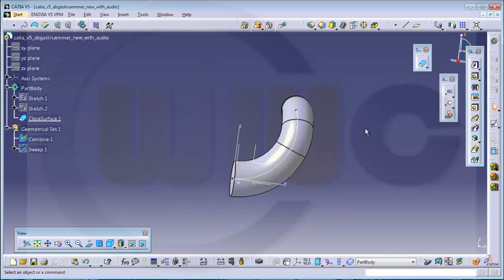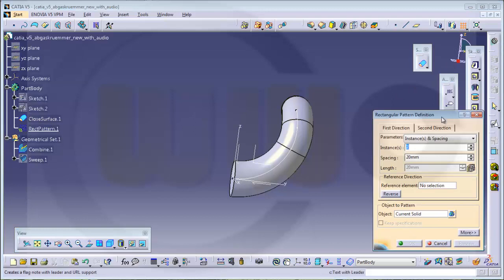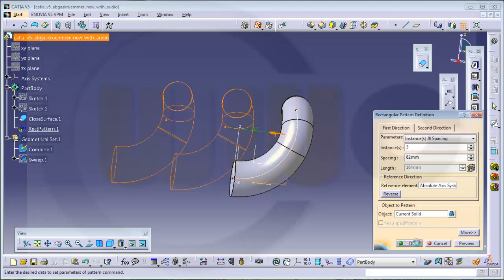So now I will make a pattern with 3 instances along that direction, reverse it, and the distance should be 82. And I will pattern the whole current solid. That's okay.